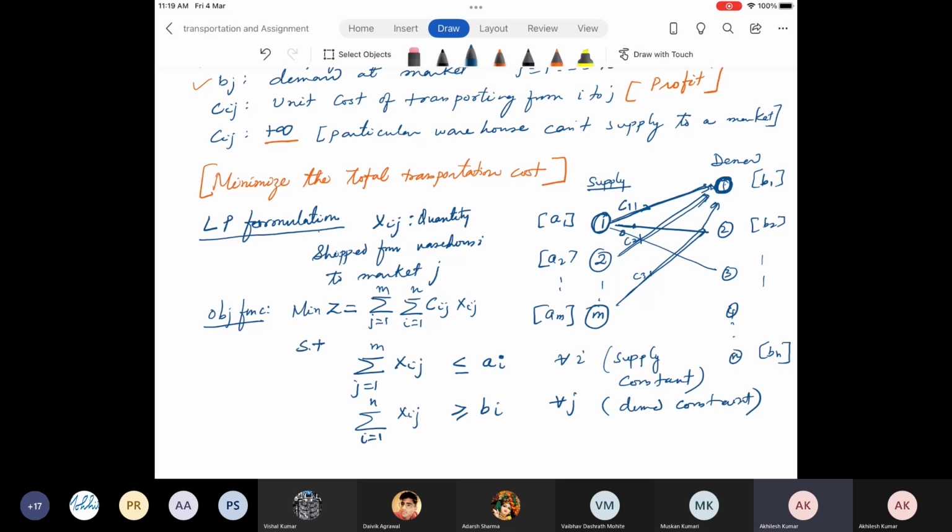Have I put this formulation correct or not? Just look at it very carefully. First look at the first kind, the supply constraint. If J equals to 1, that means I'm supplying from what?